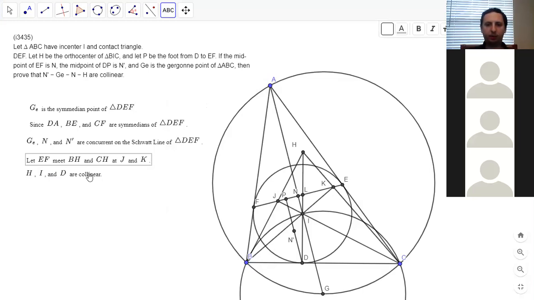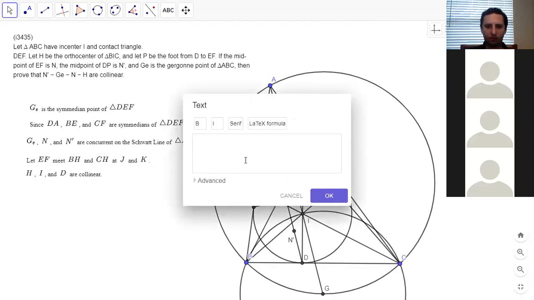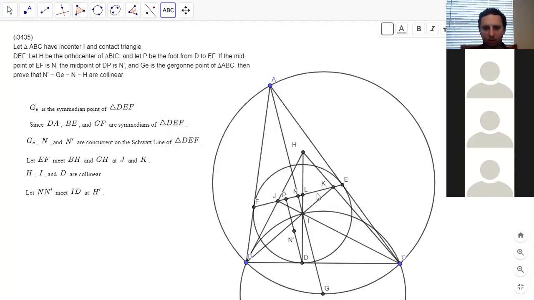So I'll say let NN prime meet IB at H prime. So projecting through N onto IB.